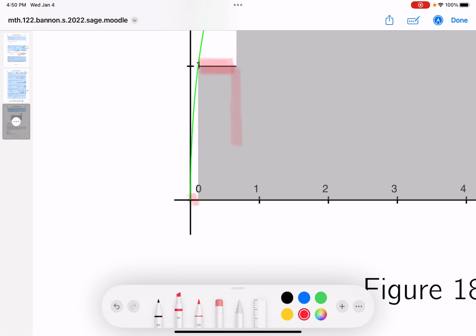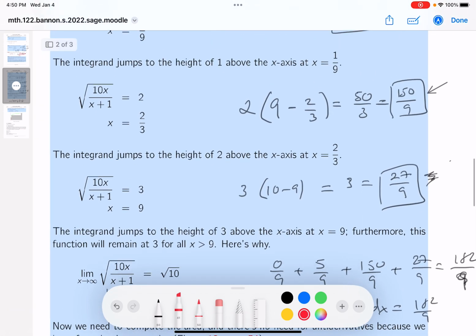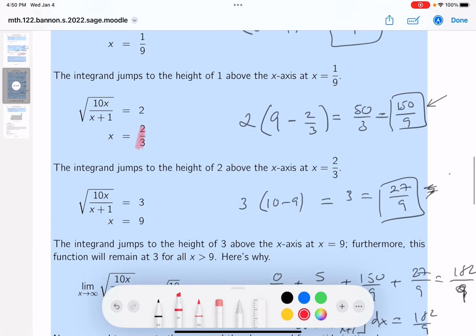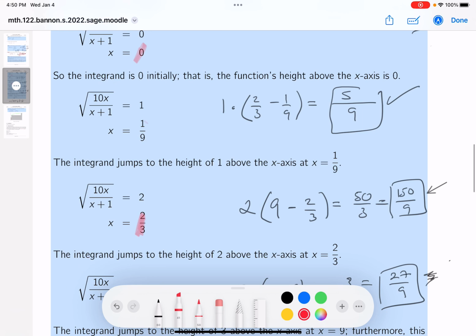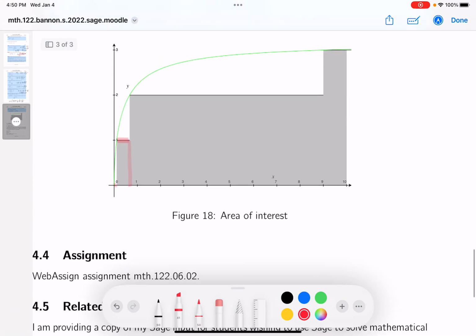And when did that first occur? Hope you remember. Well, maybe you can't remember. I think it was 2/3 though, right? Yep, 2/3. So remember we said 0, 1/9, and then 2/3. And then we said it maintained a value of 2 until it hit the number 9.